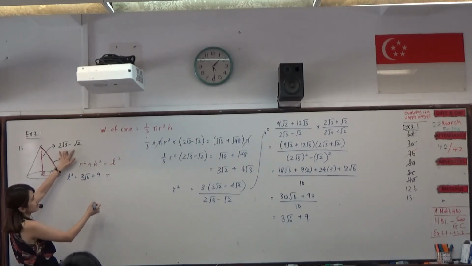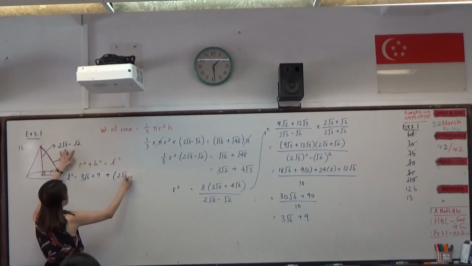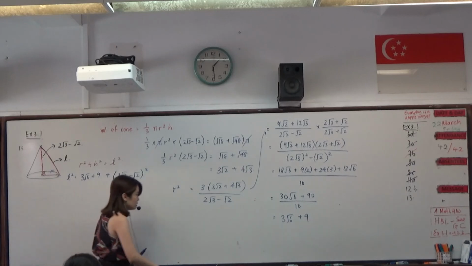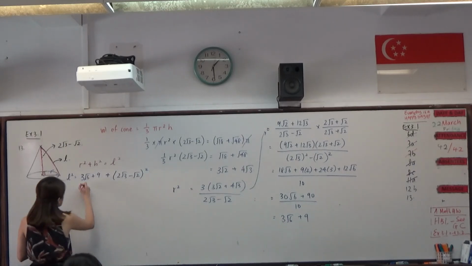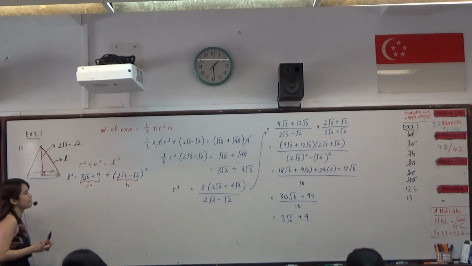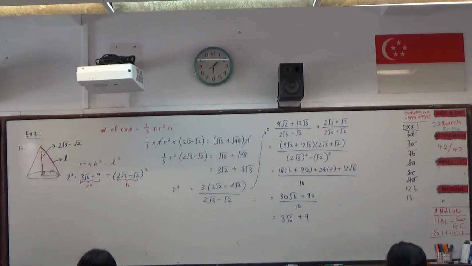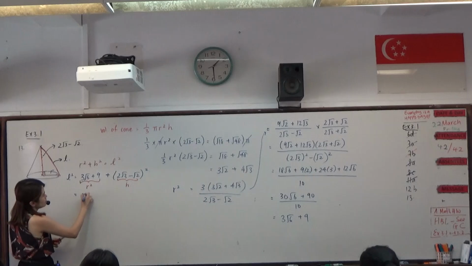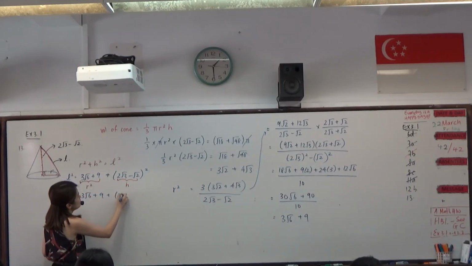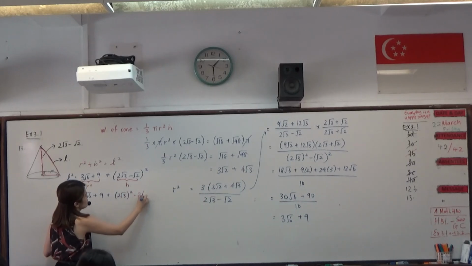h squared, this is h. So you must square this one. Okay. So this is r squared. This is h. Right? Then expand and simplify. So apply identity.